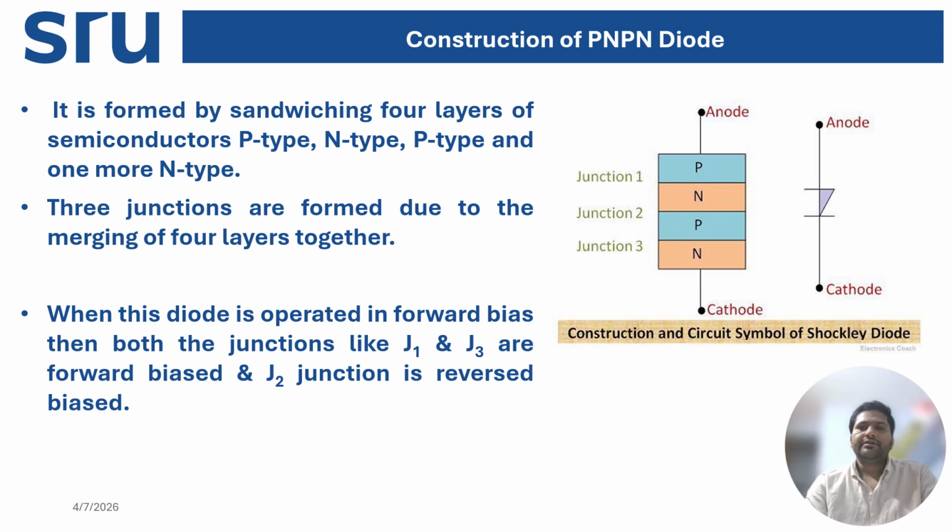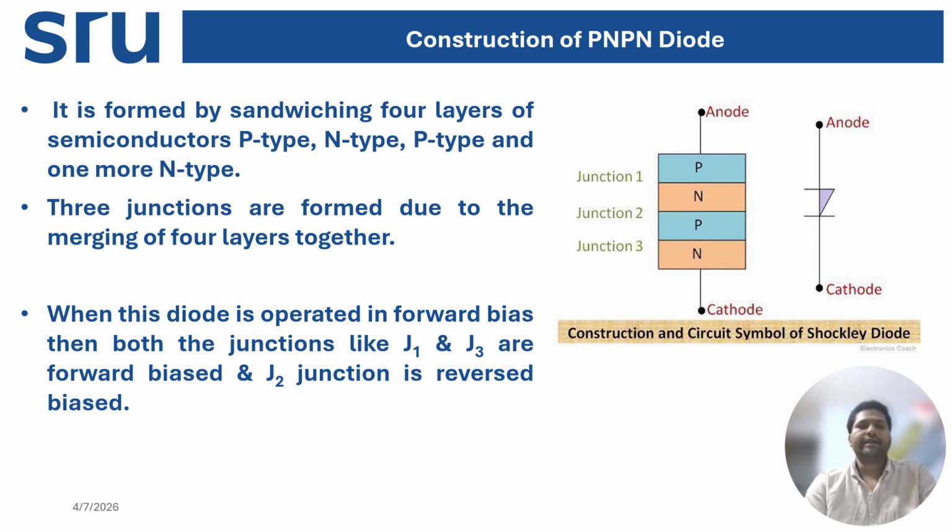So junction 1 is created between the first P-type semiconductor layer and the N-type semiconductor layer, and junction 2 is created between the N layer and the P layer, meaning the N-type semiconductor layer and P-type semiconductor layer. Junction 3 is created between the P-type and N-type layer. So overall, we have a four-layer, three-junction device.